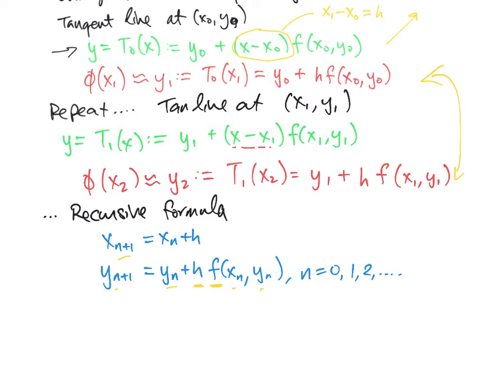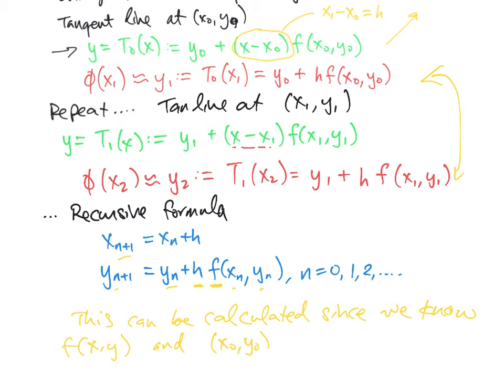Okay, so this can be calculated since we know f of x, y, what that function is, and we have our first point. Okay, so this is Euler's formula, or Euler's method.